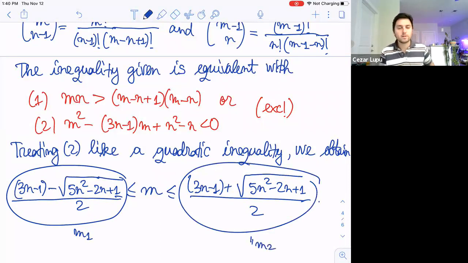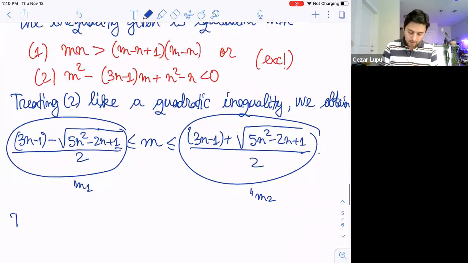Just solve the associated quadratic equation of the second one. If you set it equal to 0, you'll obtain m1 and m2, the ones that I wrote there.